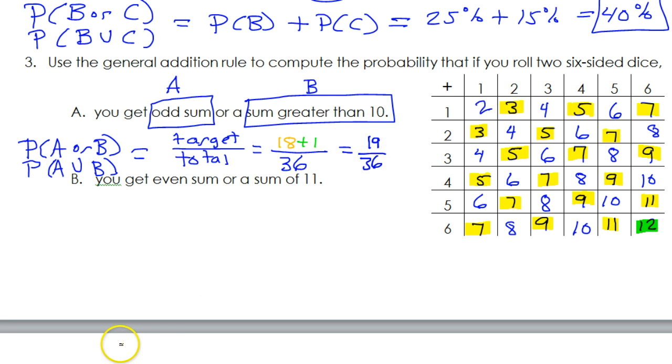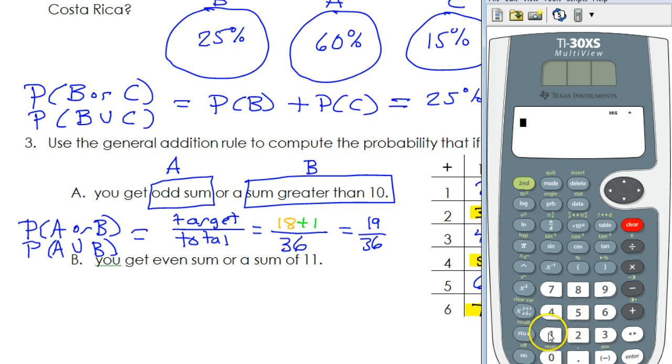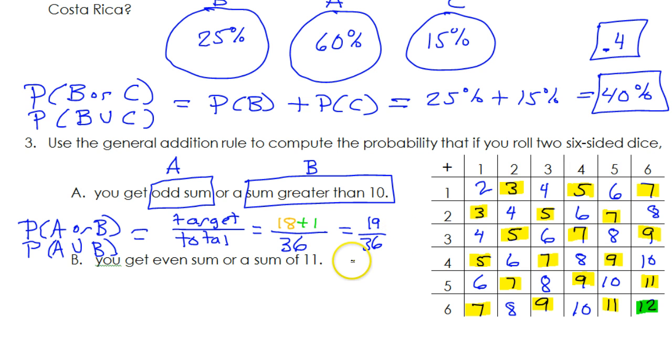And we could express that as a decimal by doing 19 divided by 36. That is 0.52, and let's use 4 decimal places. 0.5278. I'm kind of running out of space here.